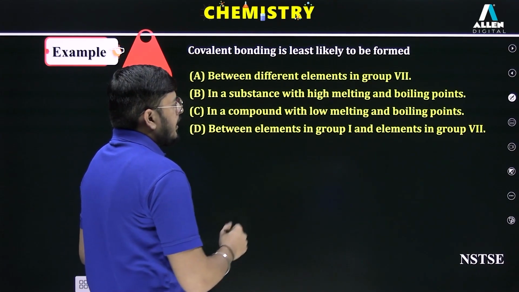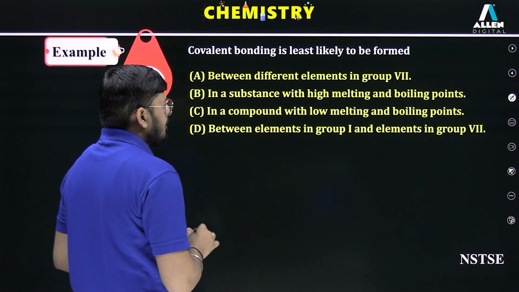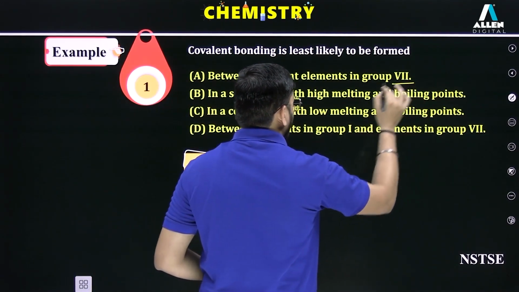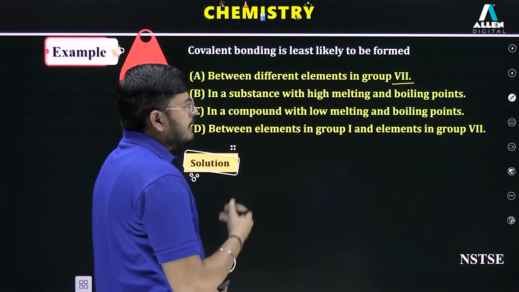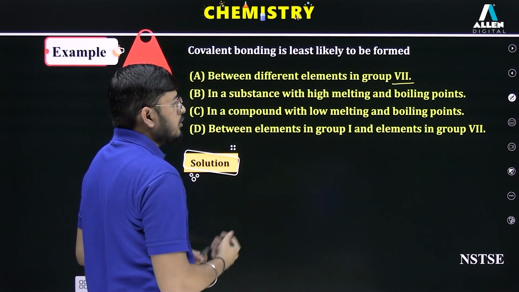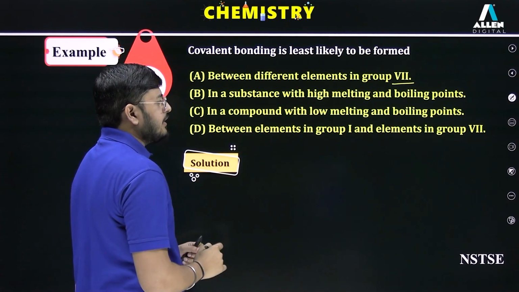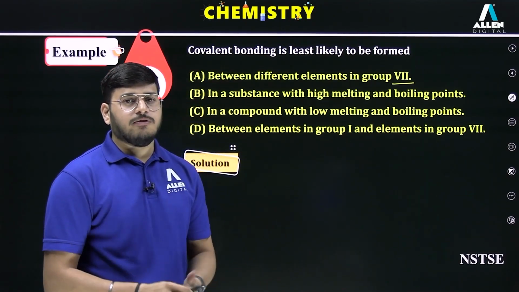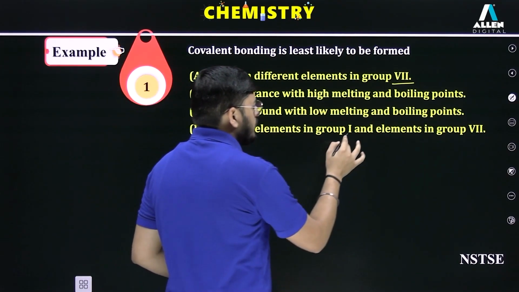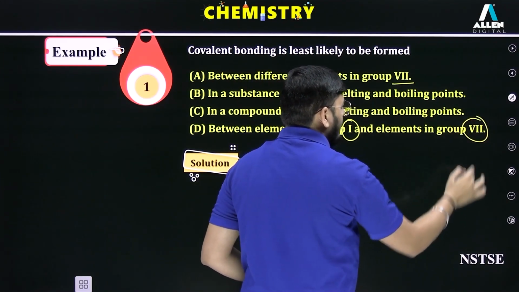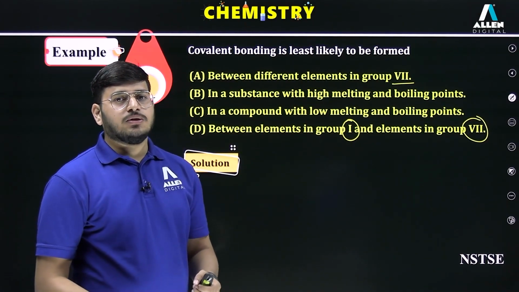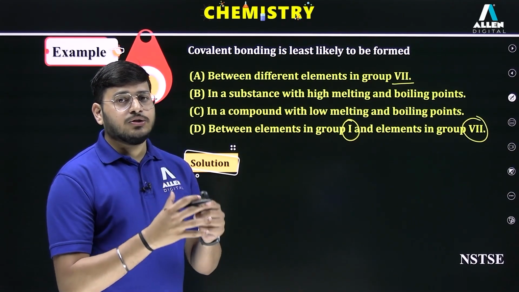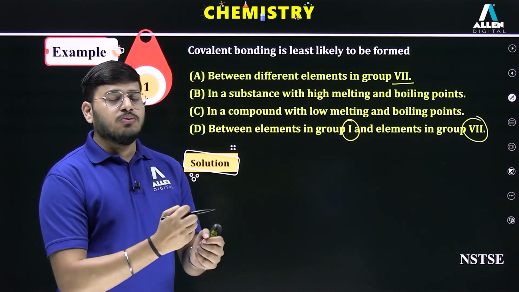Covalent bonding is least likely to be formed between different elements of group 7, or in a substance with a high melting and boiling point, or in a compound with a low melting and boiling point, or between an element in group 1 and an element in group 7. We all know very well that group 1 and group 7 will form ionic bonding, not by sharing of electrons but by gaining or losing electrons.